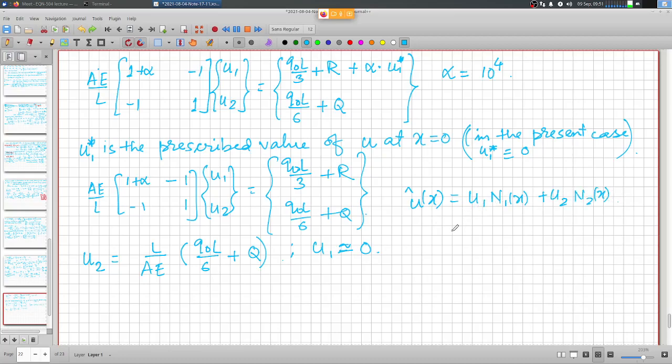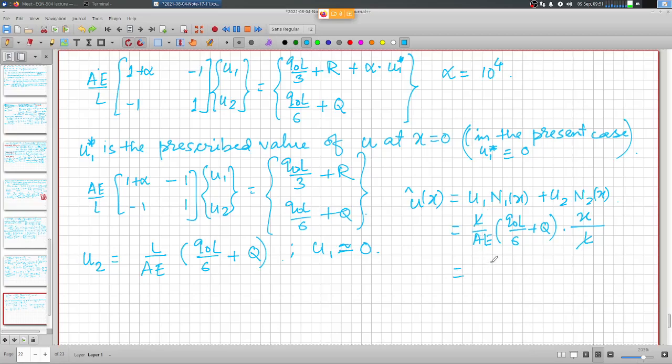So this one will of course vanish. u2 is L by AE times q naught L by 6 plus q, multiplied by, what is n2? x minus xi, xi is 0, x divided by L. This vanishes.